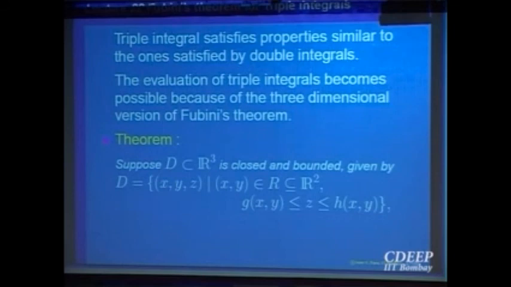For a point x, y in R, z is some height, right? That is your domain. So z goes from a surface g(x,y) to h(x,y), similar to a function of type 1 elementary or type 2 elementary in the plane. Here the z coordinate goes from a function of two variables at the bottom to a function of two variables at the top, right?